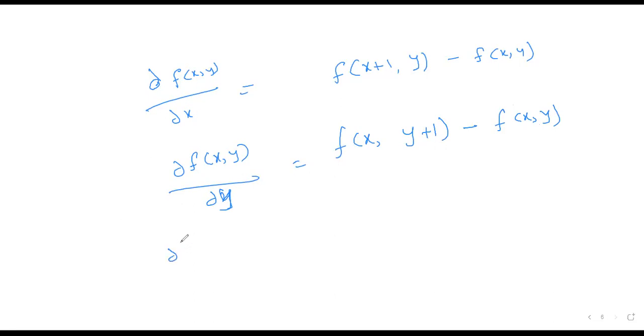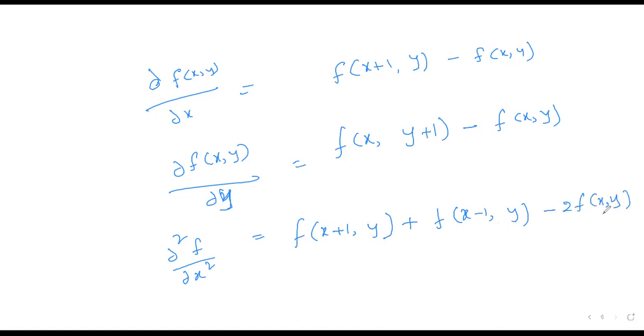Next, dou square f by dou x square means f of x plus 1 comma y plus f of x minus 1 comma y minus 2 f of x comma y.